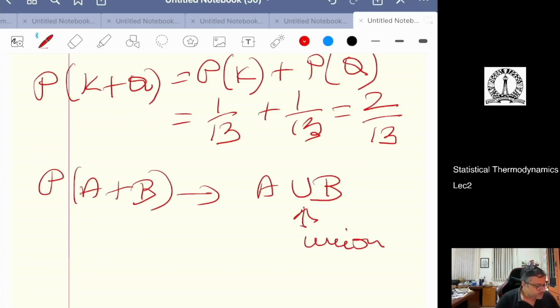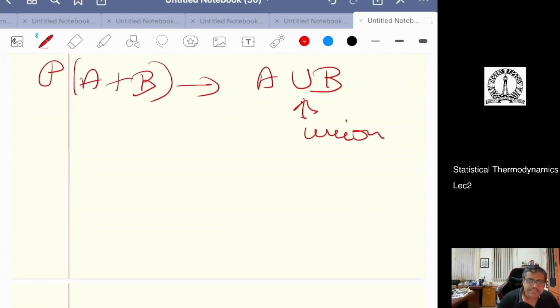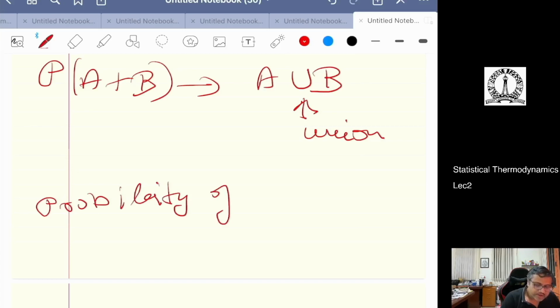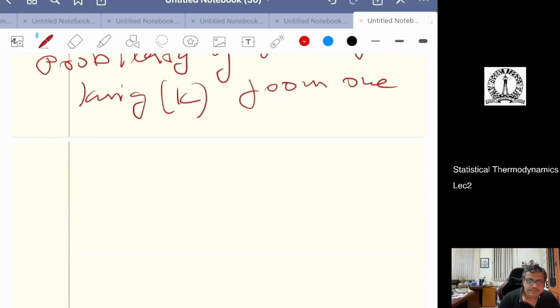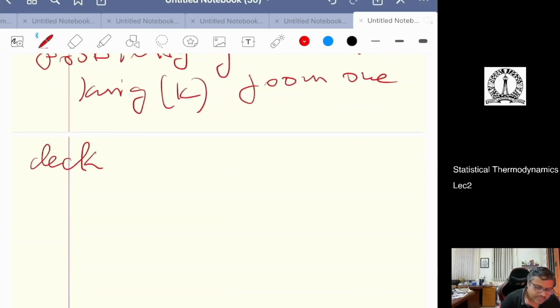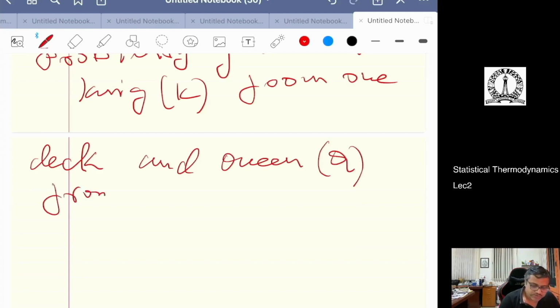Okay. Now let us take this same example a little bit forward, and say the probability of picking a king, which is K, from one deck, and a queen, which is Q, from a different deck.